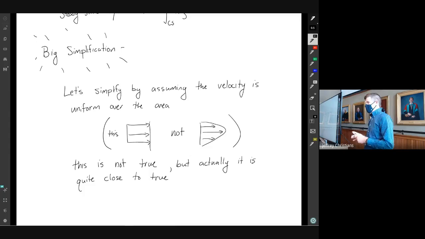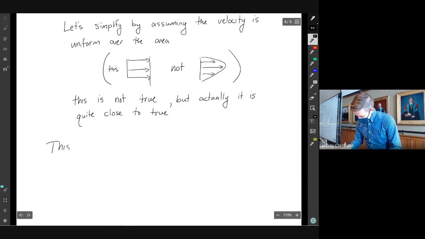It's a simplification that makes our lives easier. We'll learn how to deal without making that assumption, but it certainly makes some of the initial analysis easier. The velocity changes depending on where you are. At the wall you have zero velocity, and in the center is where your maximum is. We're going to assume it's the same everywhere.